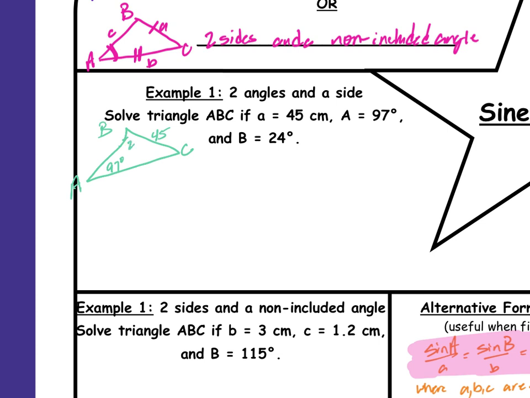Angle B is 24 degrees. So what I need to find is angle A, angle B, angle C, side A, side B, and side C. I know some of it: angle A is 97 degrees, angle B is 24 degrees, and side A is 45 centimeters. So I need to find the rest.